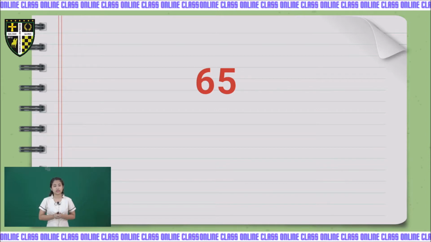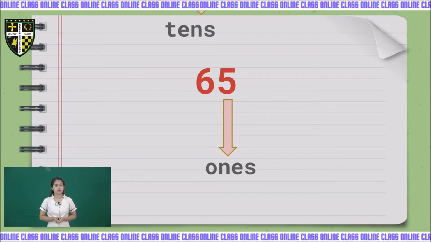As you can remember, when we are looking for the place value, we look first at the right. Again, we look first at the right. So the place value of 5 is ones, and then the place value of 6 is tens.